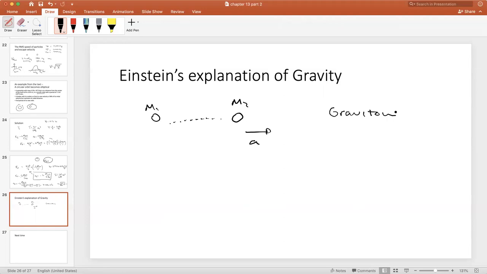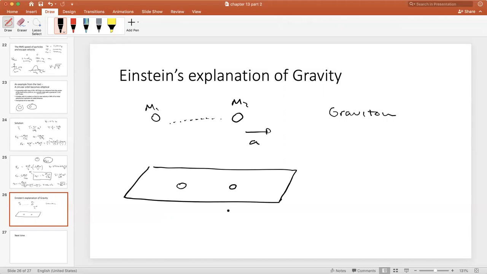Einstein came along, and Einstein realized that gravity actually is something called the curvature of time and space. What that means is you can imagine, and this is a really bad example, two balls on a bed. If this ball were really, really heavy, it's going to cause the blanket on the bed to sink down.